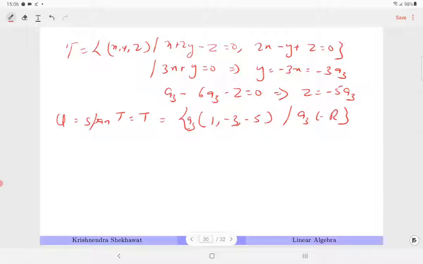Now I need to find p and q such that p plus q is equal to (5, 7, 9).